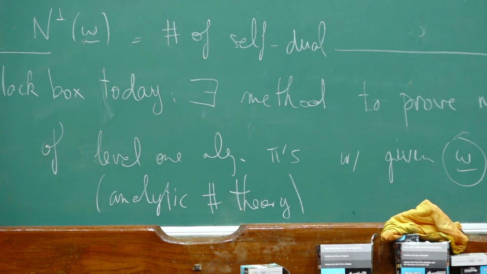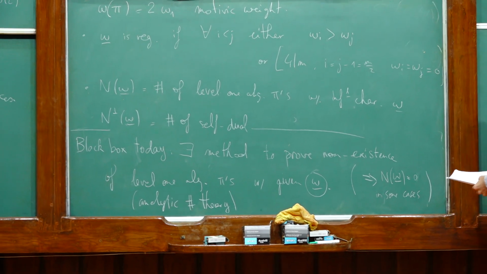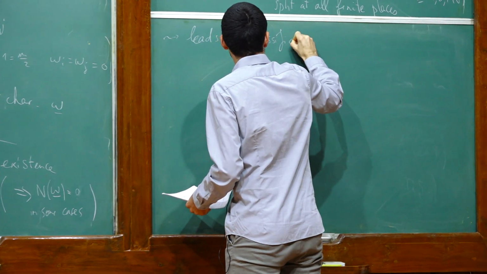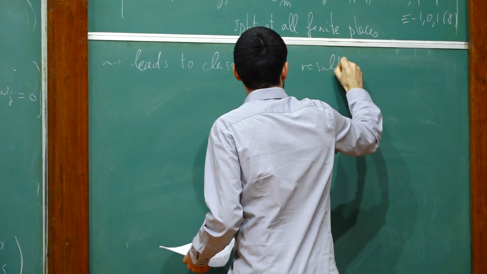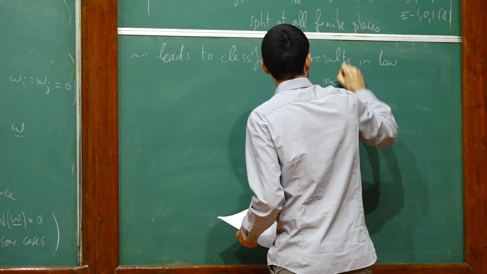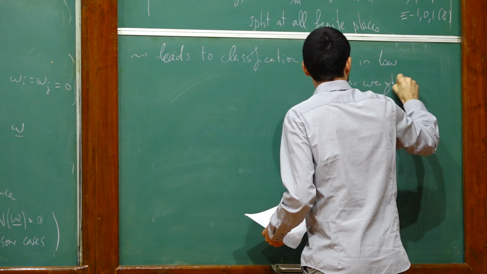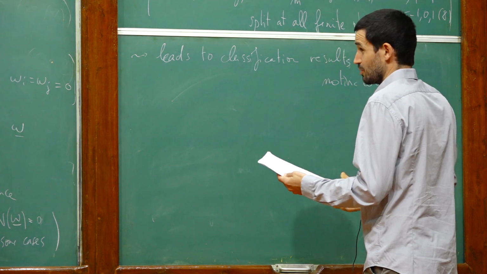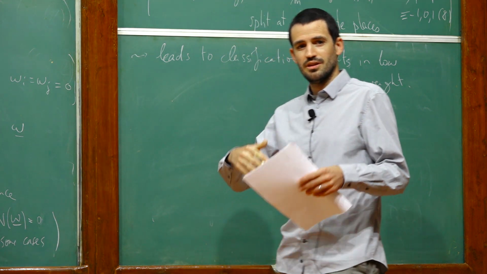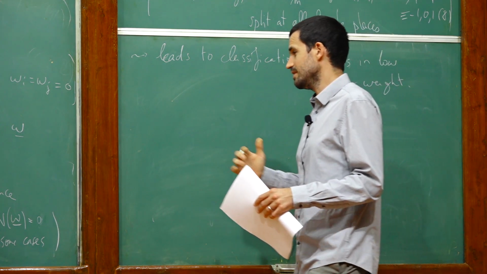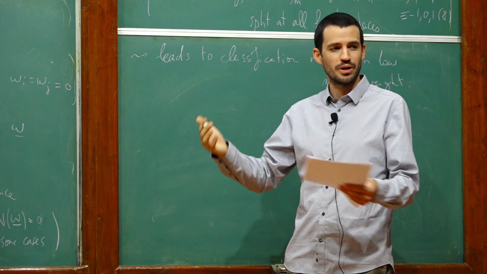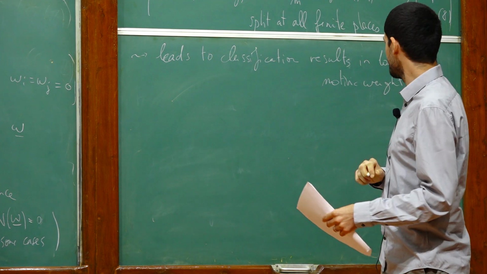And it leads in particular to classification results in low motivic weight. What is maybe striking compared to the original problem is that there are many discrete series representations, even in low weight, for all these groups.